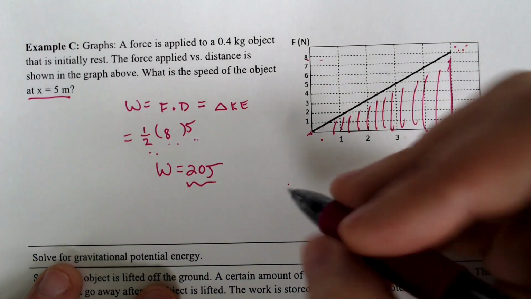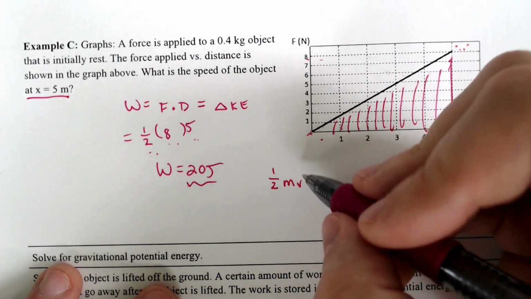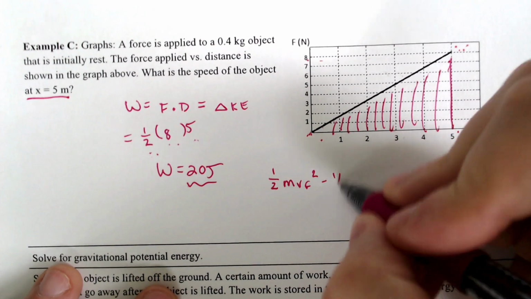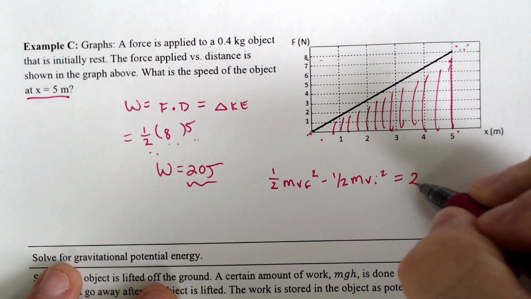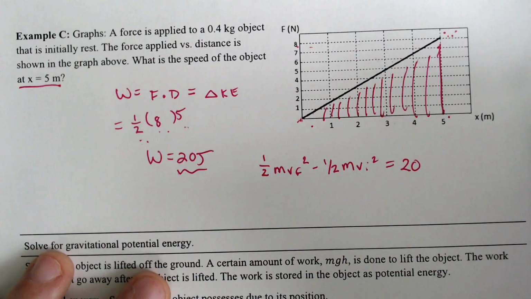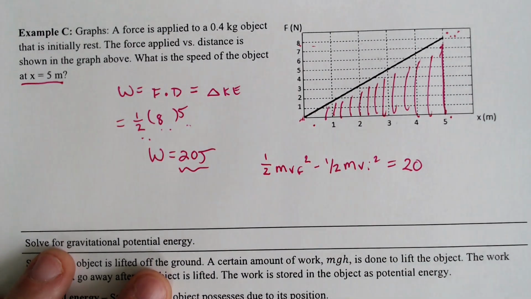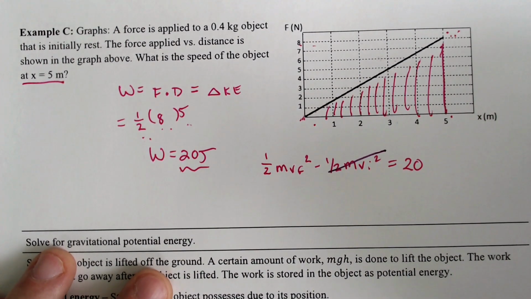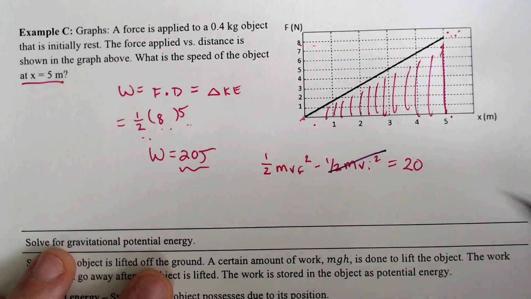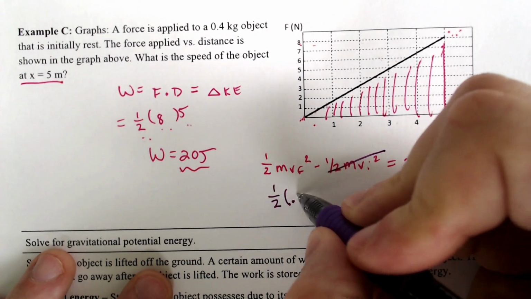So let's think about this. We got 1/2 mVf squared minus 1/2 mVi squared. That would have to equal 20. Not only that, but your initial velocity was 0. That's just gone. So if we wanted to know what is the final speed at that point, we would need to just plug in the 0.4.